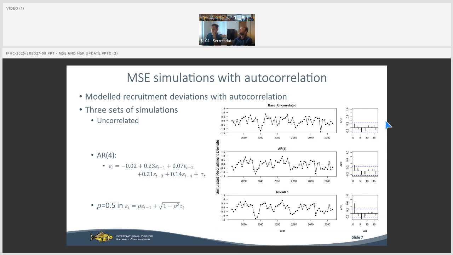But nevertheless, we just decided to use that AR4 model. And when you project out a time series of deviates from there, you see there's slight autocorrelation shown in the middle there. And then the last one, we actually put in autocorrelation specifically with this function there.